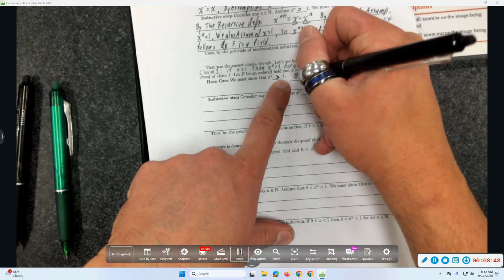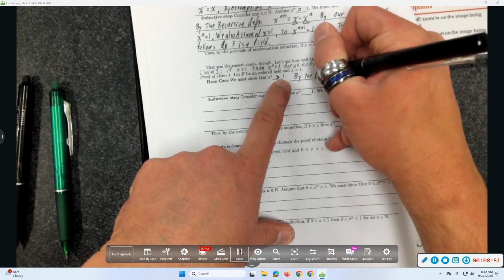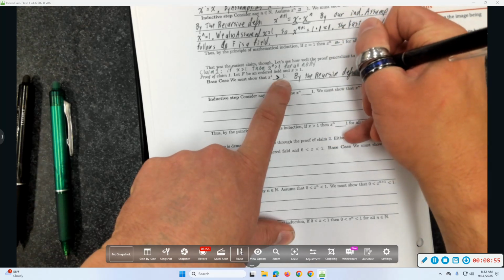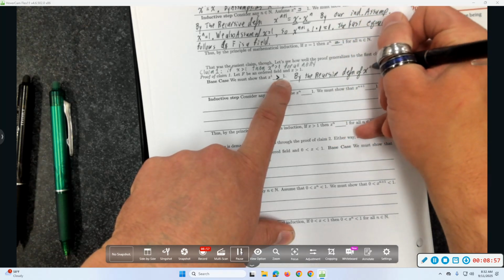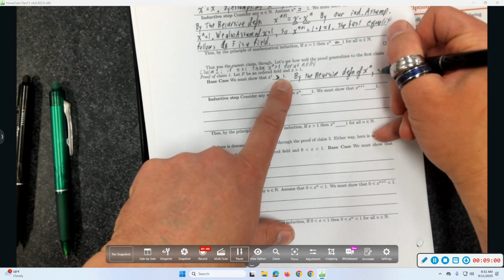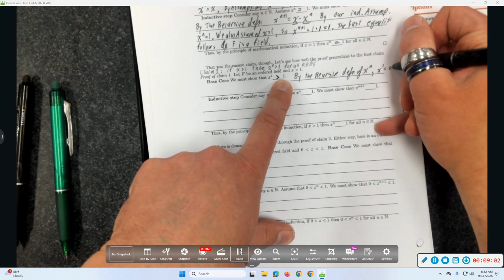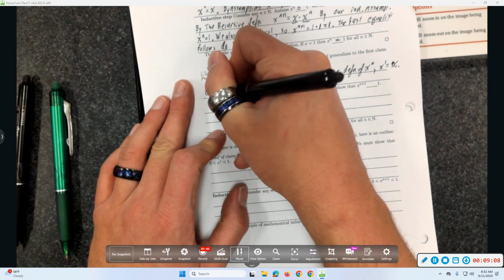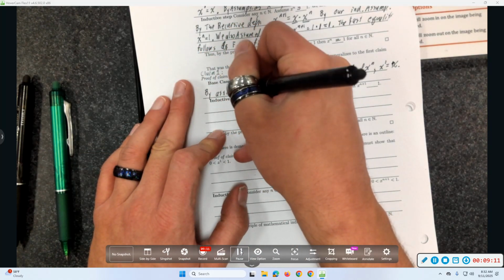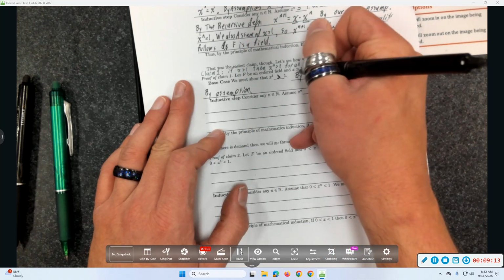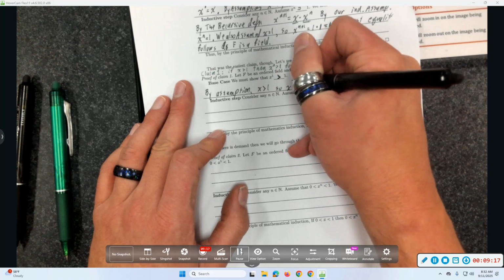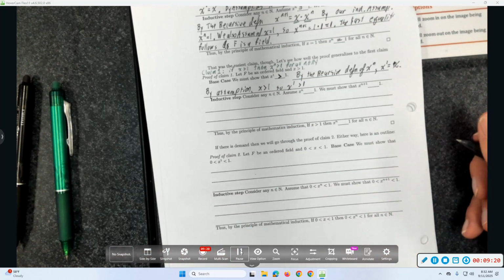By the recursive definition of exponentiation, x to the 1 is equal to x. Good. By assumption, x is bigger than 1. So, x to the 1 is in fact bigger than 1.